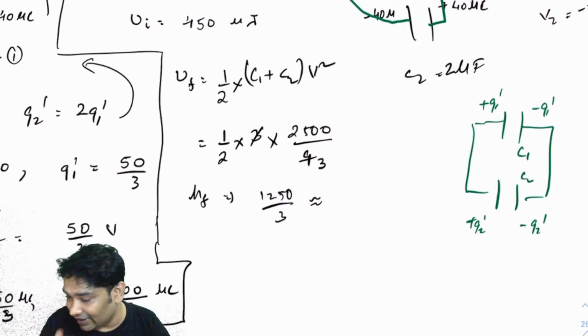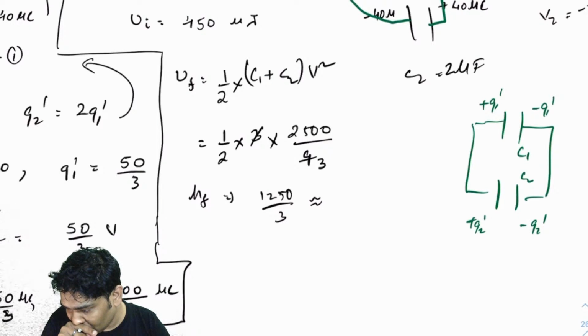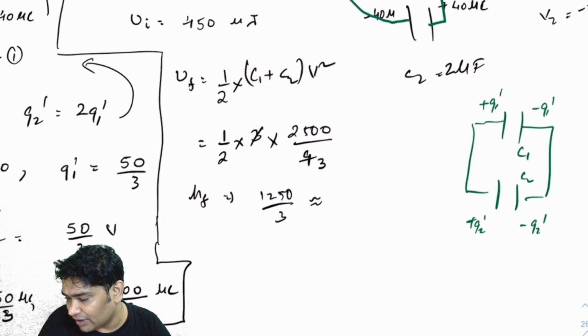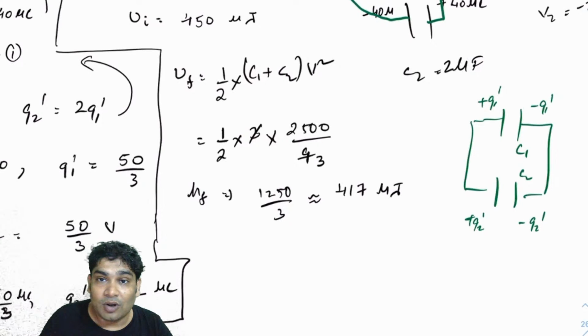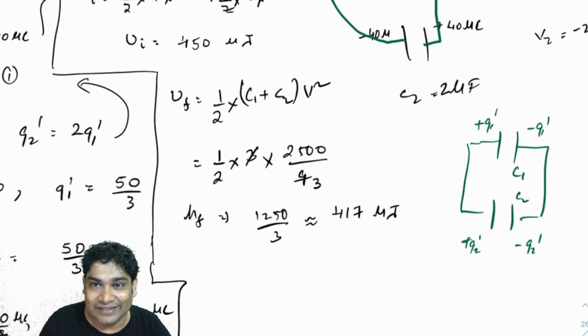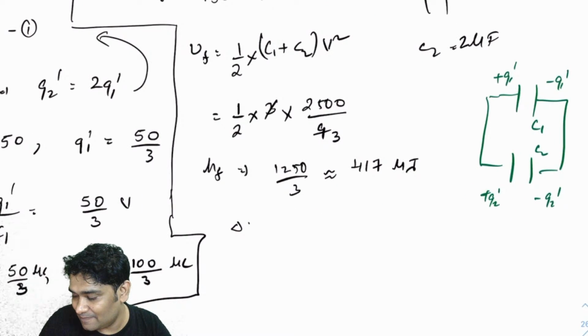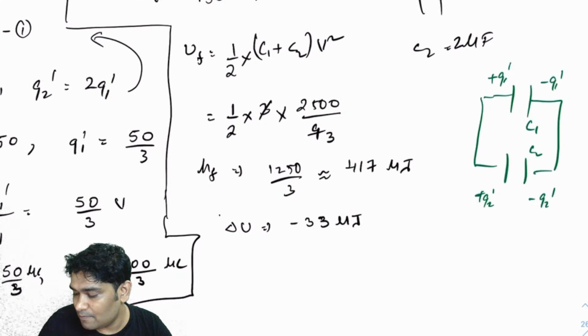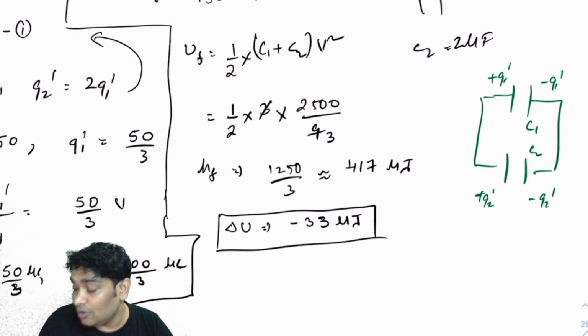So let's roughly write this as around 418, or maybe 417. Loss of energy would be the difference of these two, which would be roughly 33 microjoules.